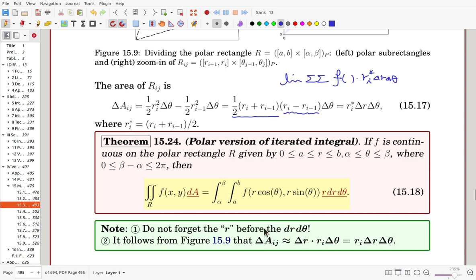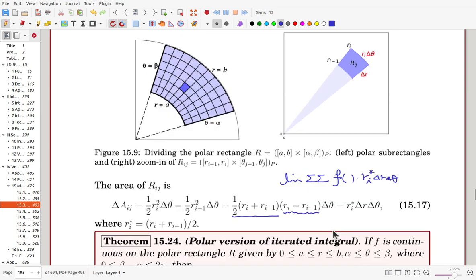And also, okay, look at this one. Here we have delta Aij, the area. If we consider this one as a rectangle, then that will be delta R in the R direction, and the other length will be Ri times delta theta.